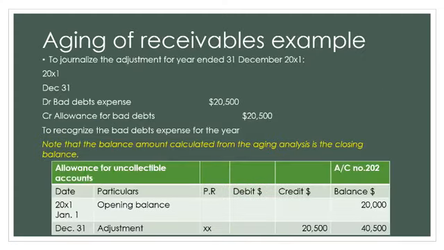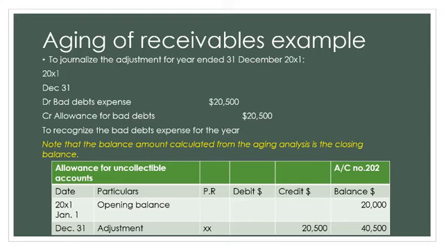In journalizing it, it will be debit bad debts expense and then credit allowance for bad debts. Take note, comparing with percentage of sales, whatever we calculated in the aging of receivables analysis will be the closing balance.